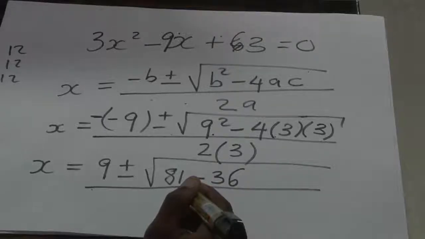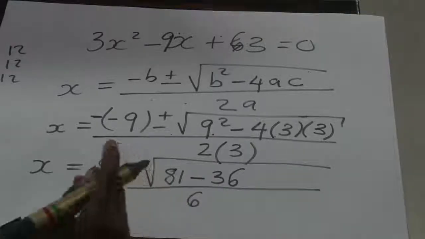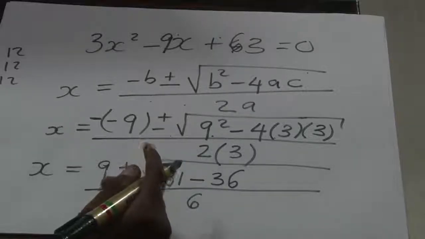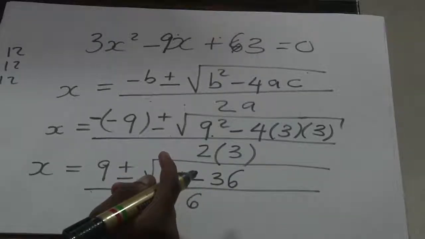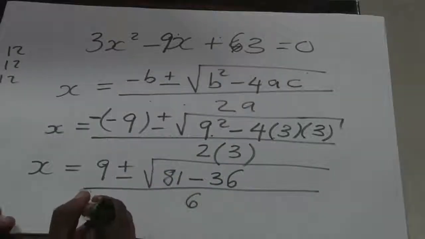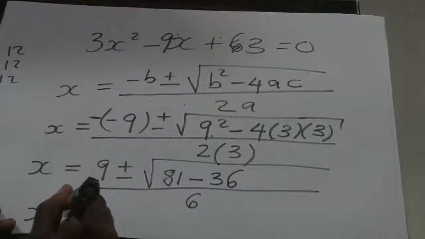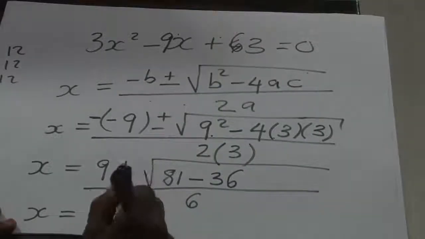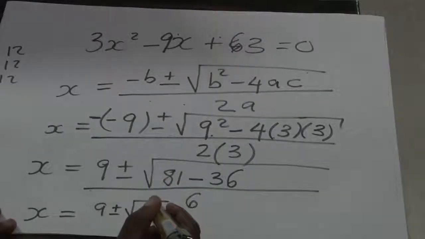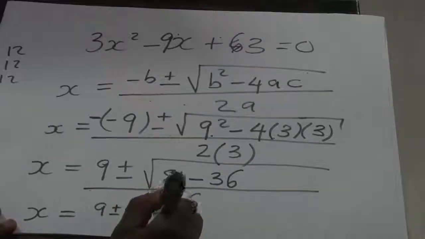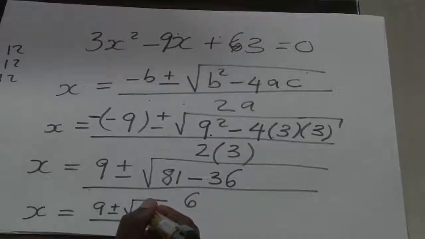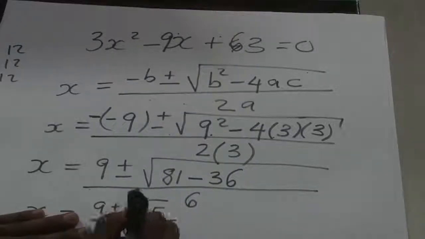Now we have 81 minus 36, we get 45. So x is equal to 9 plus or minus square root of 45. So use your calculator there to get the final answer.